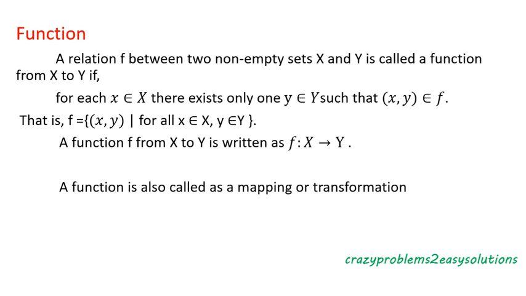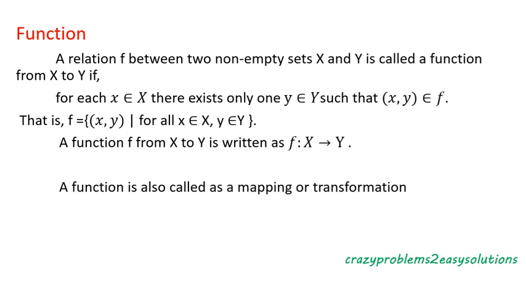If it is a function, it means for all the values of x we take from the capital set X, then one and only one y value is taken from capital Y, such that (x, y) belongs to f.